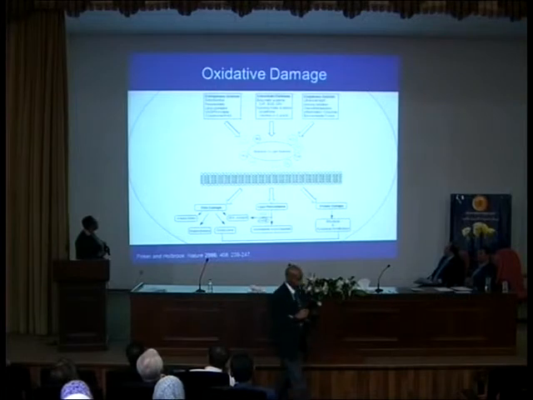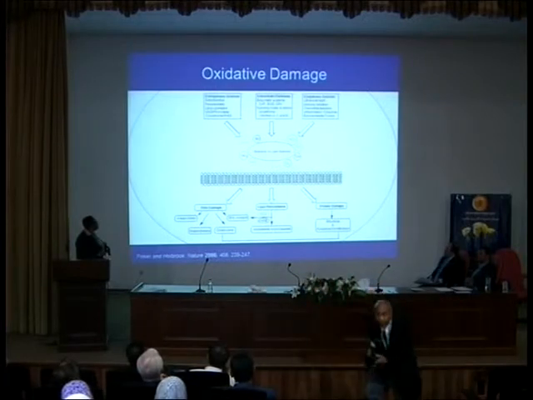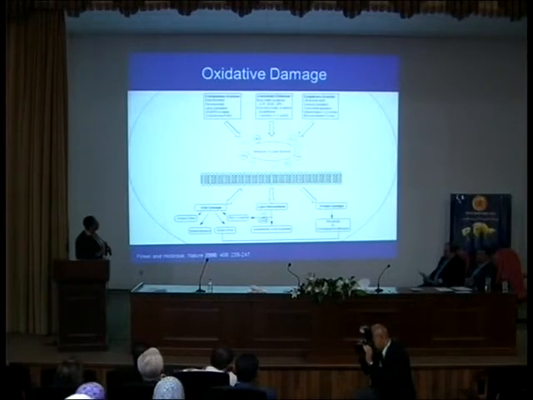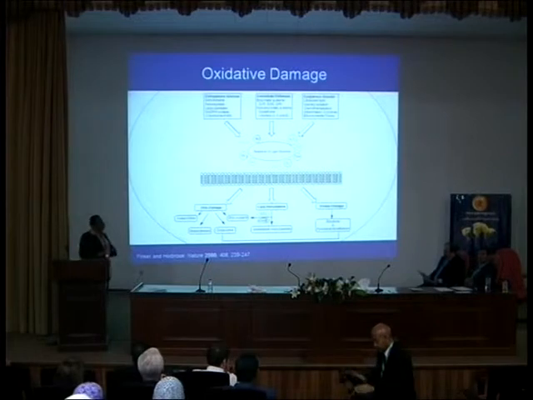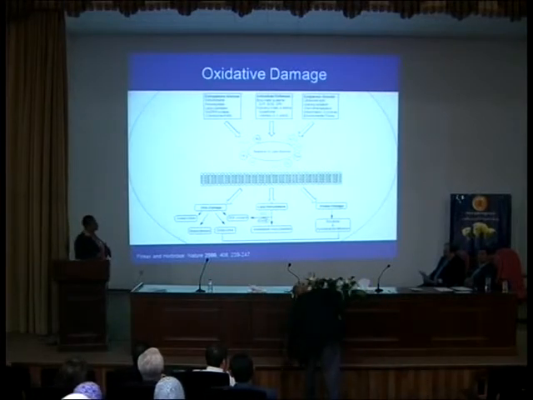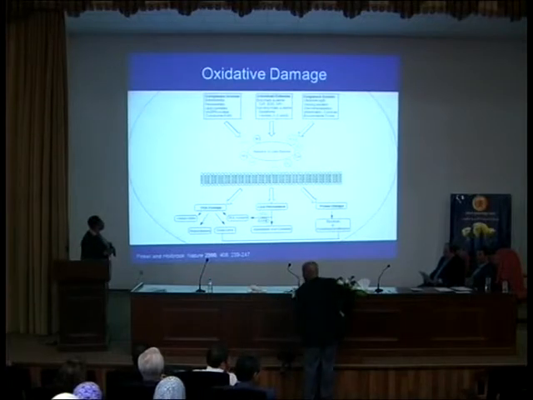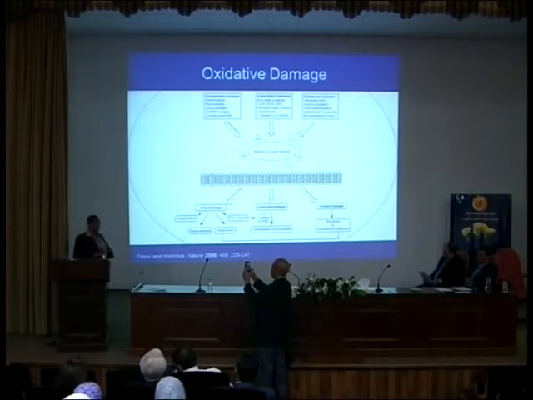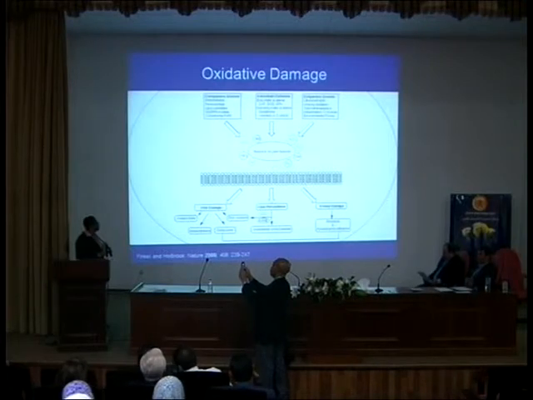What we're talking about when we're talking about reactive oxygen species are all of these small, highly reactive species that are generated. On this side, what you see are ones that come from the fact that we breathe oxygen, of course, and our body has to metabolize it. So you see hydrogen peroxide, singlet oxygen, the hydroxyl radical, which is, of course, the major oxidant, and then down here the oxygen radical.